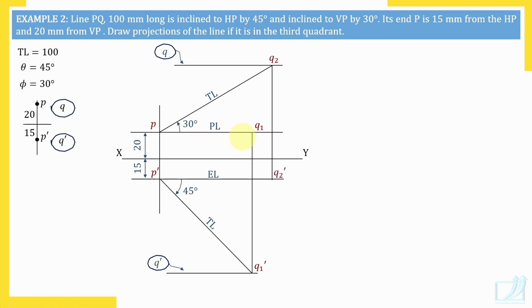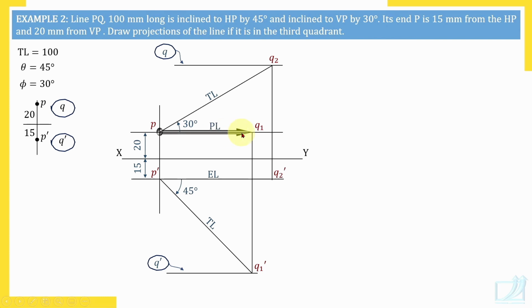Rotate PL, what does that mean? Listen, this horizontal top view PQ1 has length PL. There are three top views, PQ, PQ1 and PQ2, and PQ has the same length as PL. PQ1 is through P. Similarly, PQ is also through P. So we'll rotate PQ1.